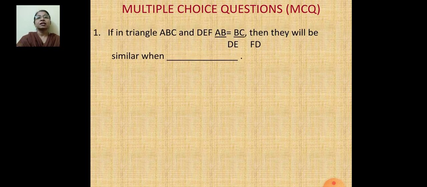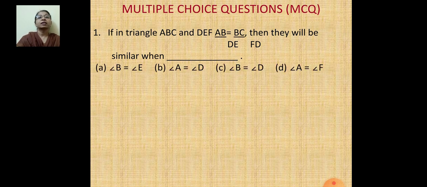First is, if in triangles ABC and DEF, AB upon DE is equal to BC upon FD, then they will be similar when, these are the four options. So you have to find out which is the correct pair of angles.